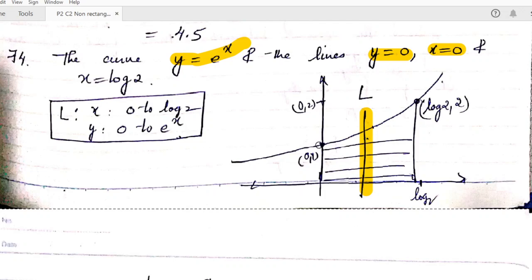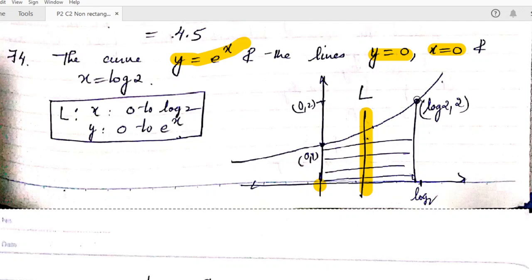Before that, let us find the corners of this region. The vertices of this region are very important to find the limits of x and y. We know that this is our origin. At this point, the value of x and y is 0, 0. So the point is (0, 0). This point is (0, 1). This point is (log 2, 0).